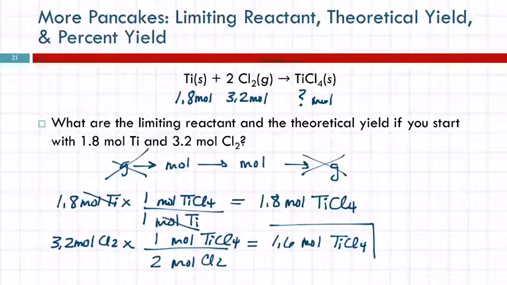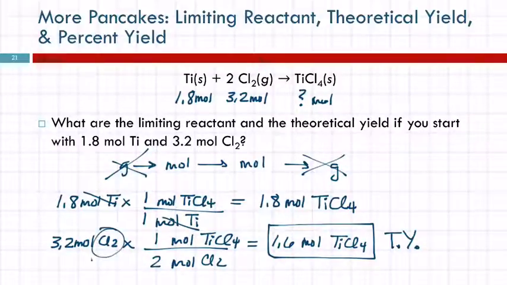This is the theoretical yield. So you do the calculation for both. You find the one that makes the smaller product. That's your theoretical yield. The one that makes that is our limiting reactant. So this guy over here, that's our limiting reactant. Any questions?